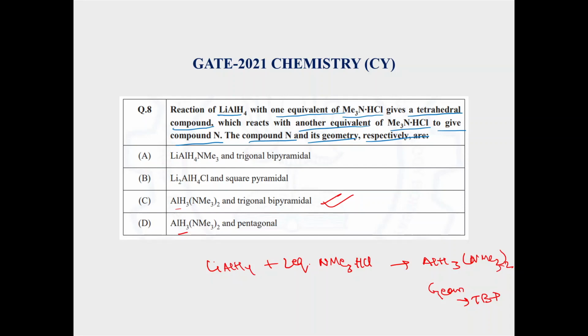And the reason for TBP geometry, we know this thing. For having one bond pair, the geometry is linear. For having three bond pairs, we will have a geometry of trigonal planar.